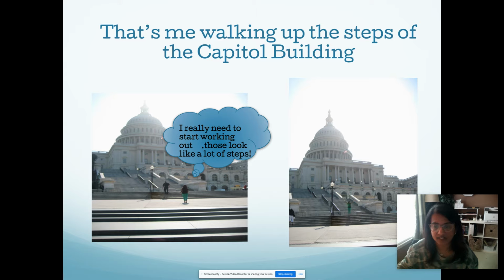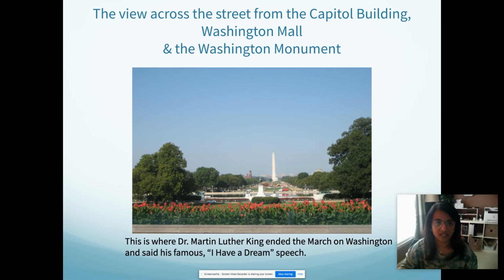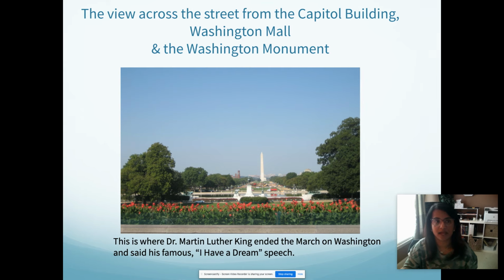So it's hard to see, but that's me walking up the steps of the Capitol building. And then this is the view across the street right there. This is the Washington Monument, or this is called Washington Mall. That is where Dr. Martin Luther King gave his famous I Have a Dream speech right there. It was amazing to see that.